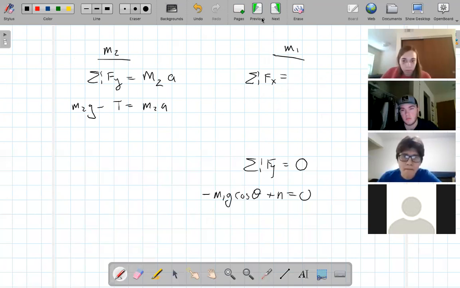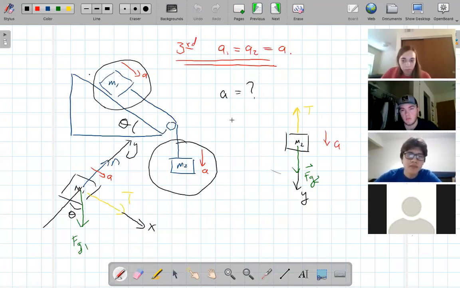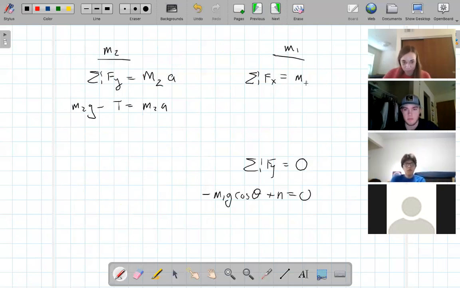Gavin, is it accelerating in the X direction? Is A pointing along the X direction? Yes. Good. So here we simply get an M1a. For this guy, the sum of the forces in the X direction is equal to M1a.